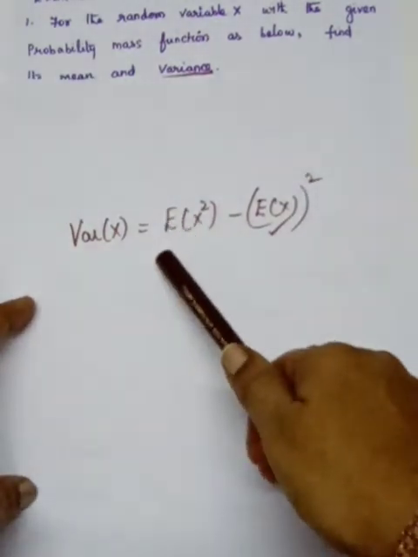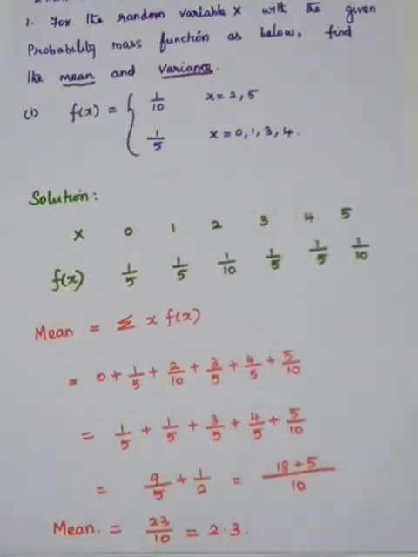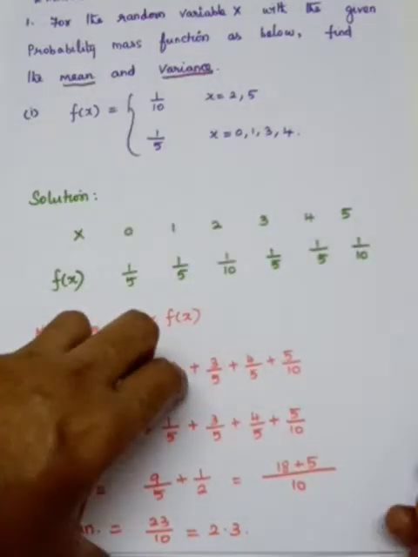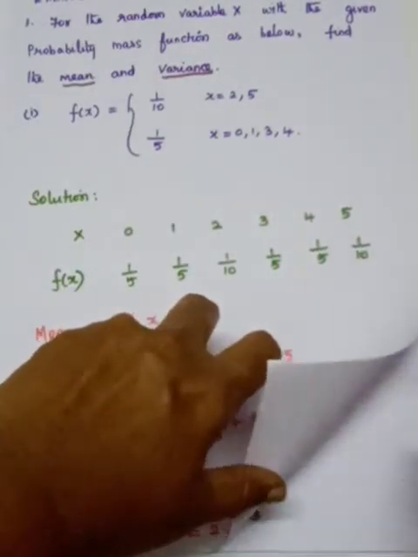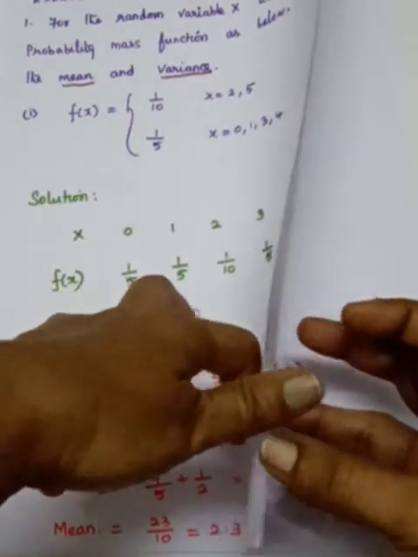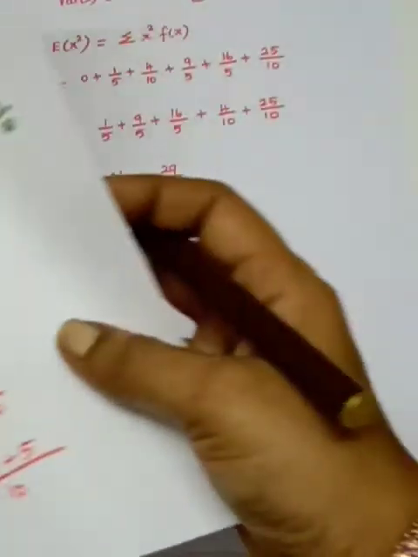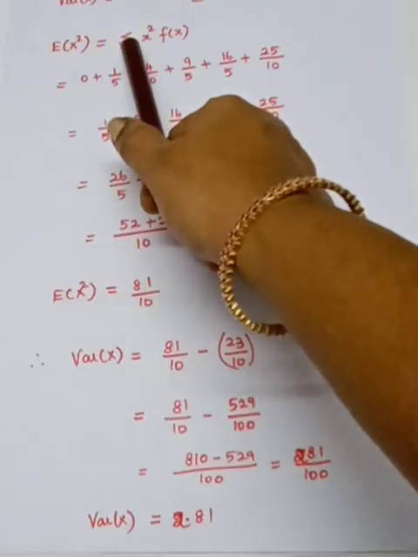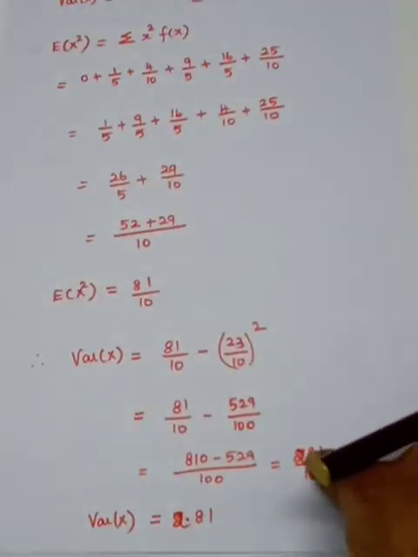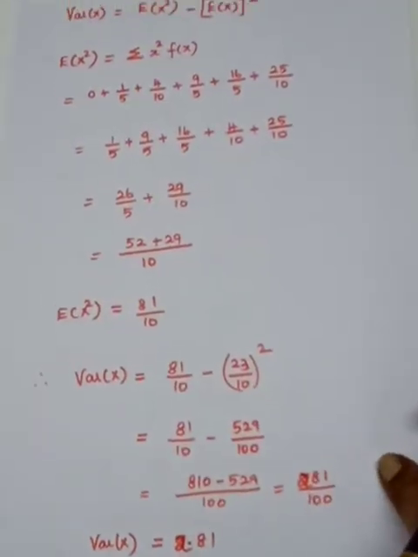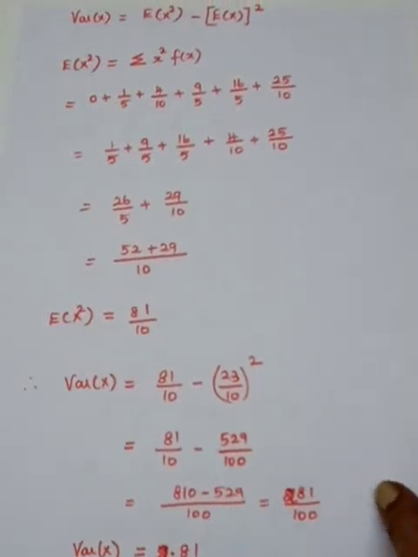So we have to go for E of x squared. What is the formula? E of x is summation of x into f of x, but E of x squared is summation of x squared into f of x. So the x value has to be squared and multiplied with f of x. The x value alone has to be squared.